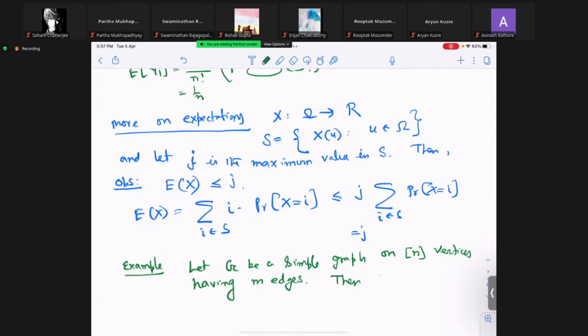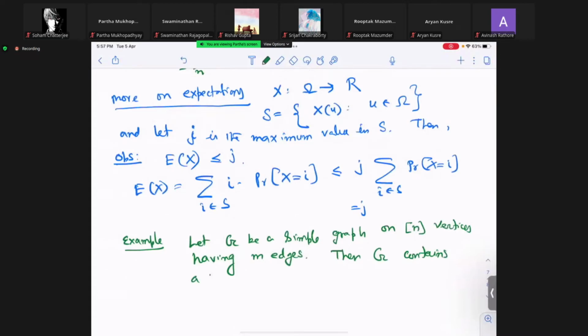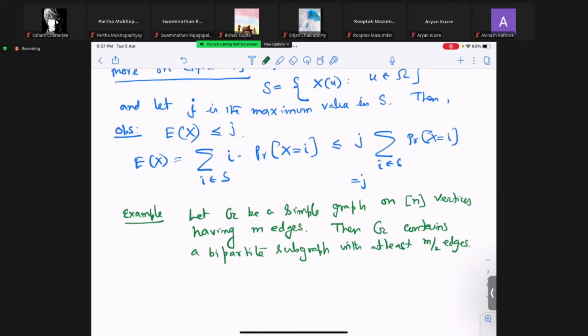Then G contains a bipartite subgraph with at least m over 2 edges. It's a beautiful statement, right? So G is a graph over 1 to n and having m edges. Any graph. And the goal is to prove that G has a bipartite subgraph with at least m over 2 edges. Now think about this problem.